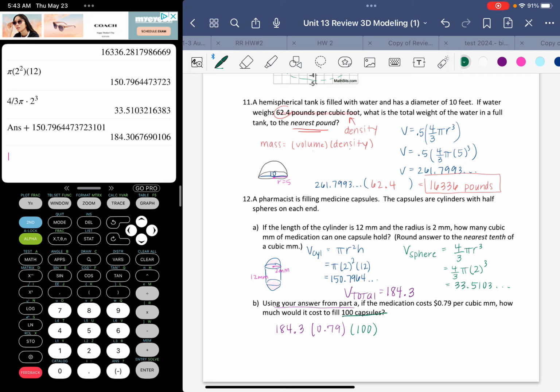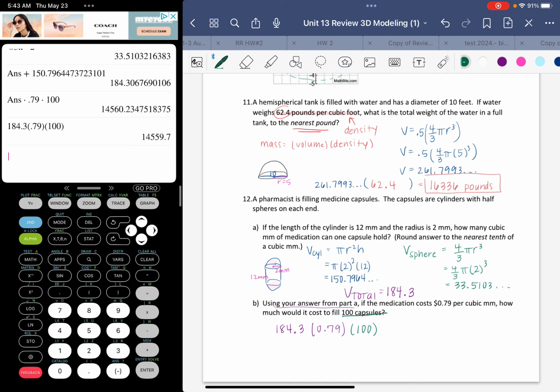And like I said, if they did not tell you to use your answer from part A, we would just be using the answer that's stored in the calculator right now. And this, we'd get this as our answer. Now, because they said to use our answer from part A, I'm using the 184.3 times 0.79 times 100. And if you see, you get a different number.